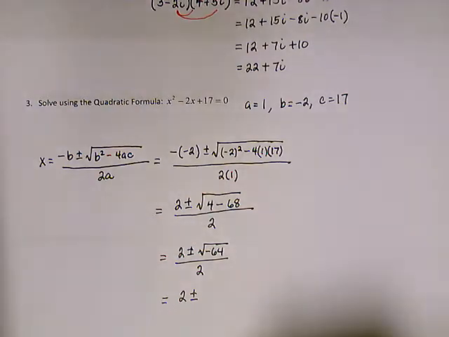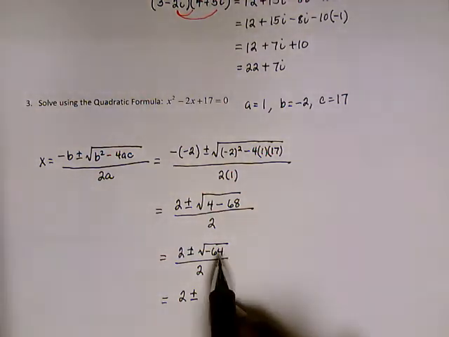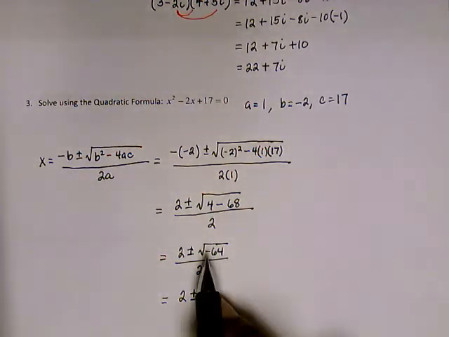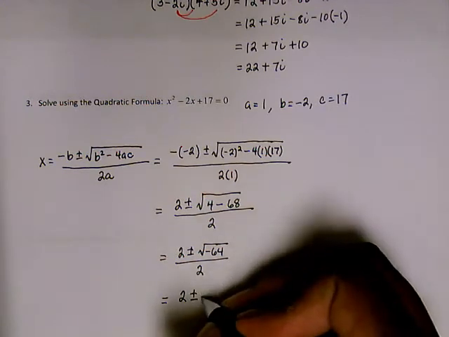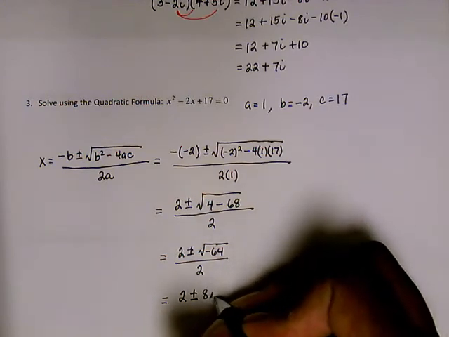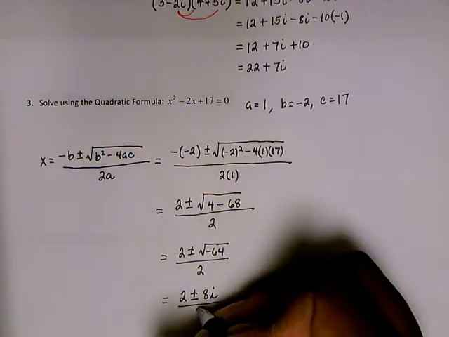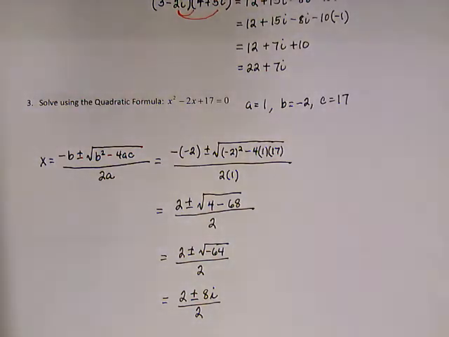I know the square root of 64 is 8, but I got a negative sign, meaning that there's negative 1 underneath the radical. So the square root of negative 1 will be i. So the square root of negative 64 is 8i, and all that's going to be over 2.